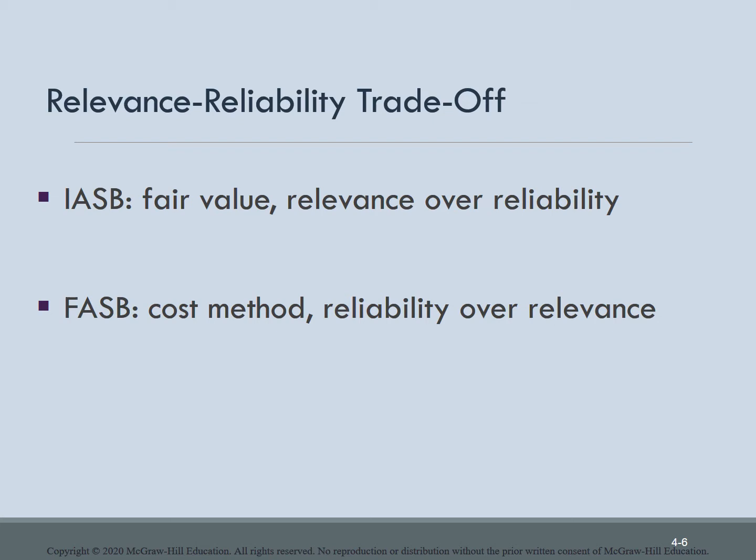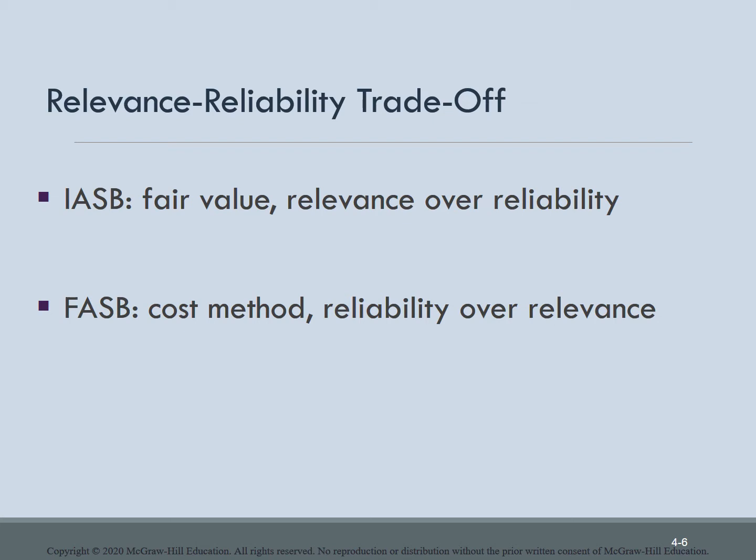We know that the definition of faithful representation means that the item or transaction represents what it purports to represent. In other words, it's verifiable, it's objective, and so on.